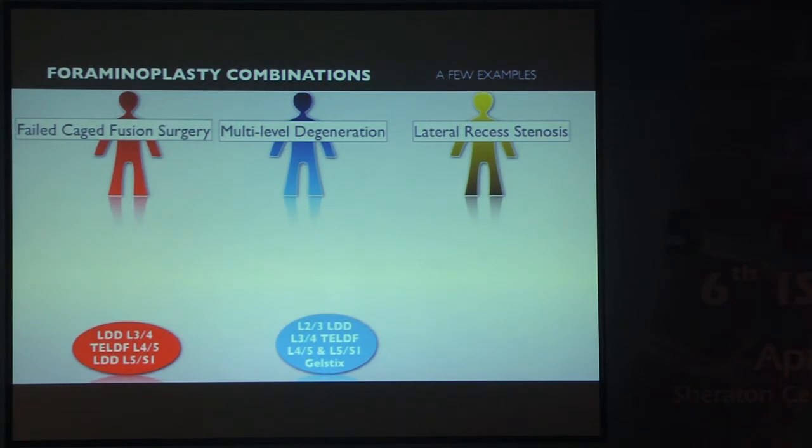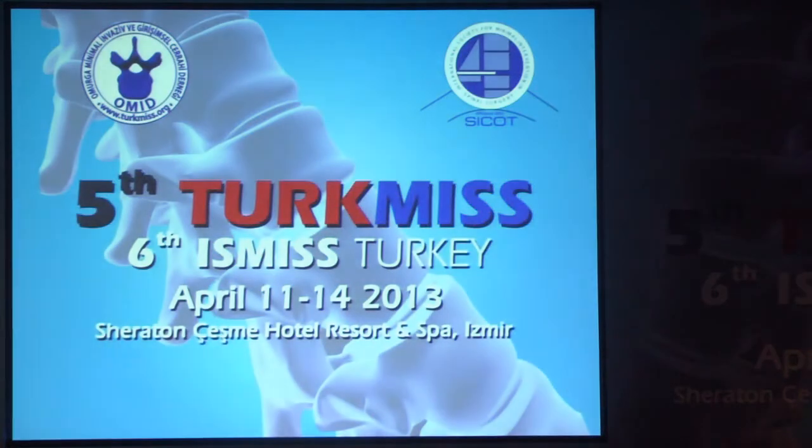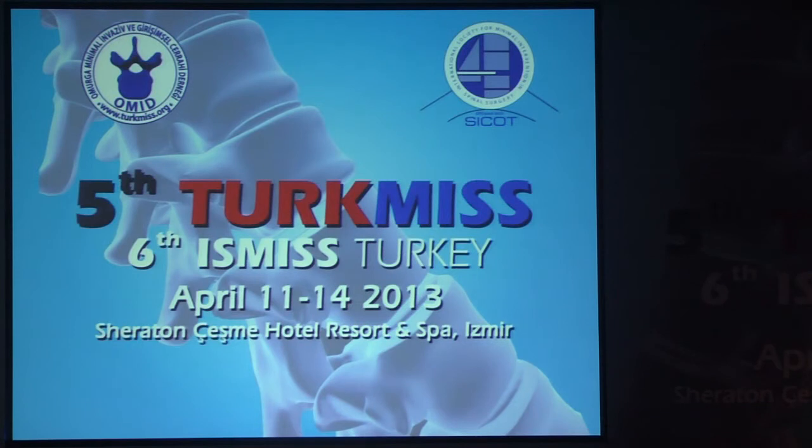And in cases of more pure lateral recess stenosis, like this, a foraminoplasty at the L4-5 level, and if you look carefully, you'll see that L3-4 is degenerating in its posterior elements, and that was treated with a laser discectomy and gel sticks because it was another contributor to his pain. So these are just a few of the sort of combination.